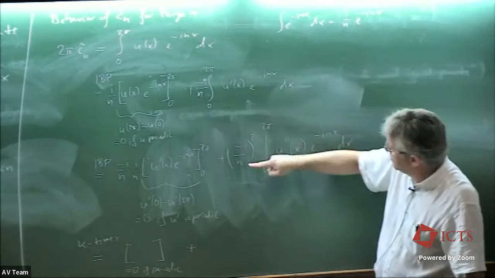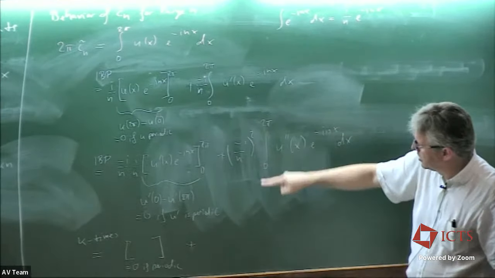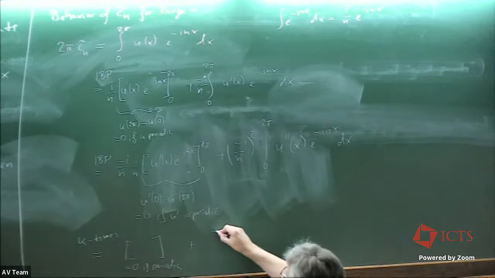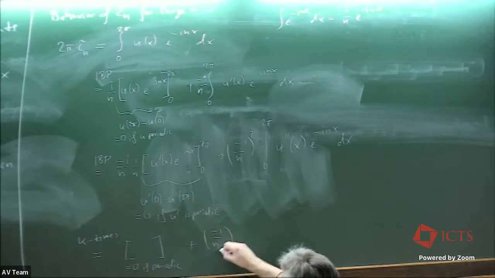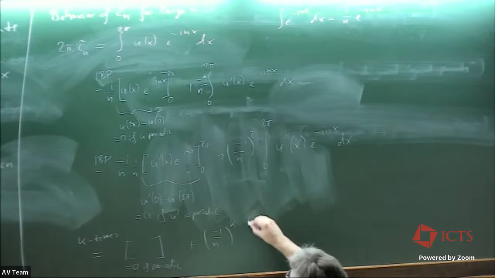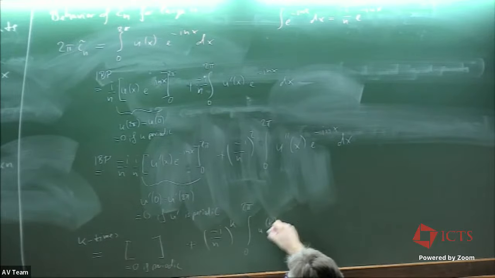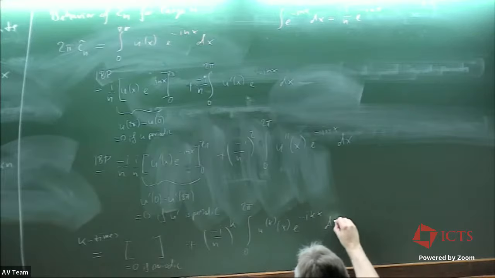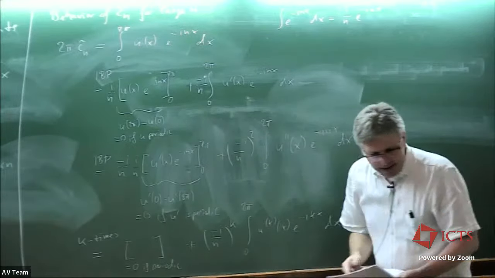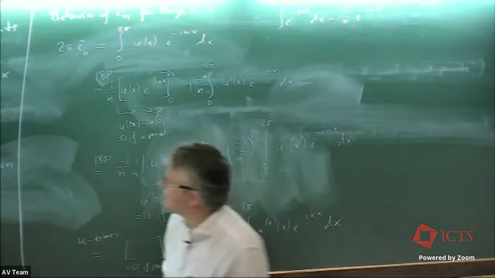Minus i over n squared. So down here, I now have a minus i over n to the k times the integral 0 to 2 pi, the kth derivative of u of x e to the minus inx dx. Okay, so that's the calculation.